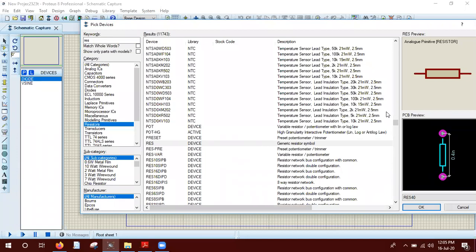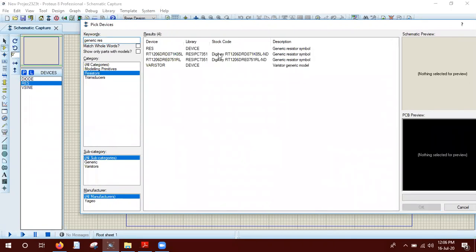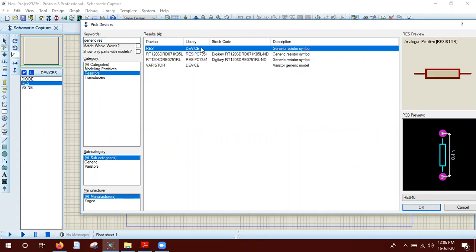You see the generic resistor symbol. You just write generic resistor. You'll find that. RES, generic resistor device. Double click, you get it. It's generic because we are using a generic value.